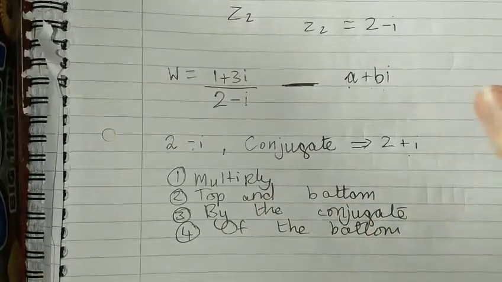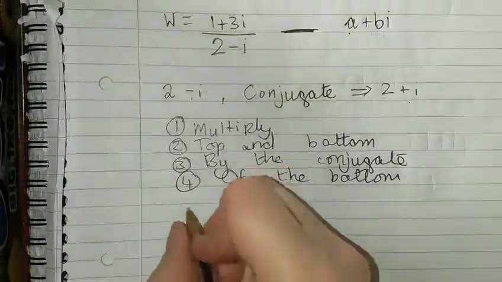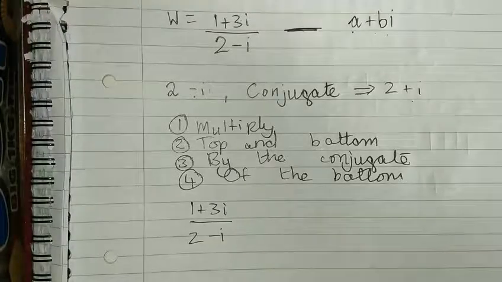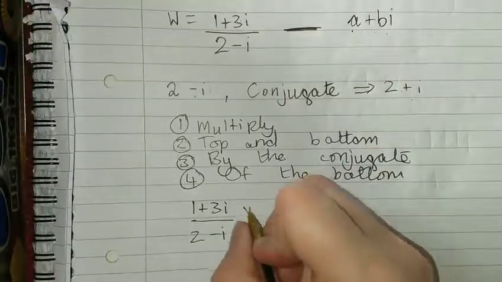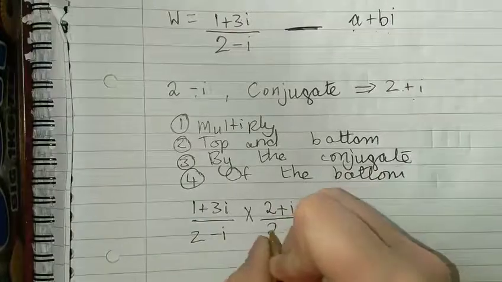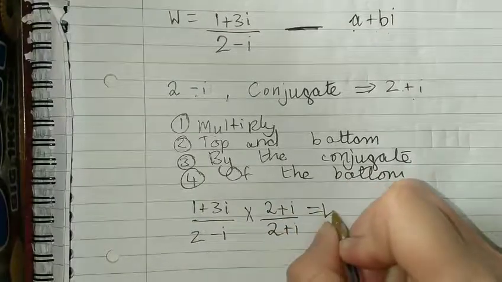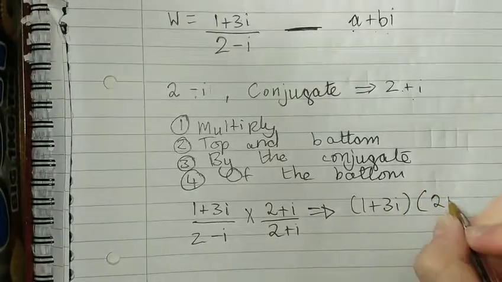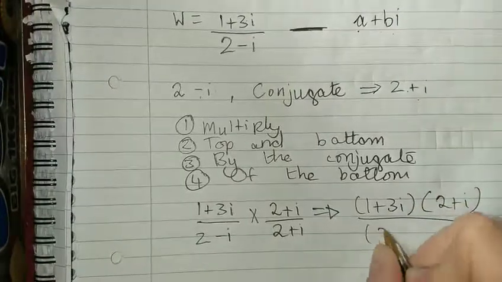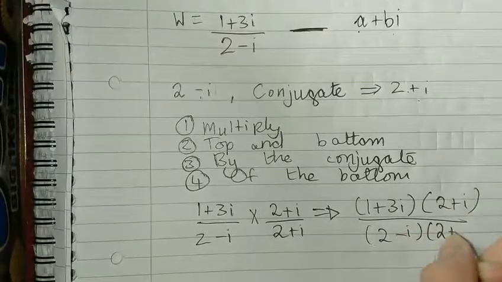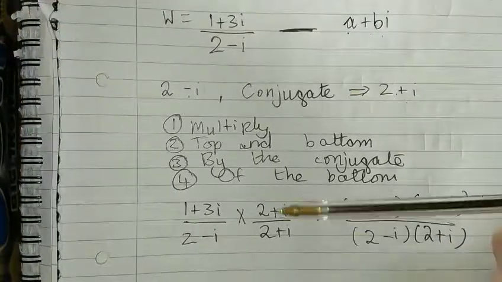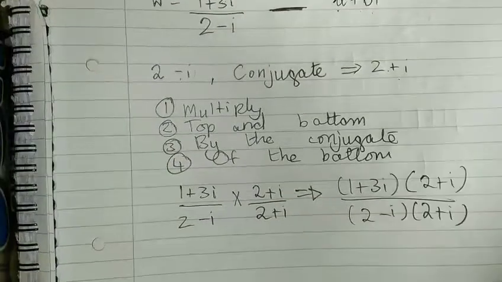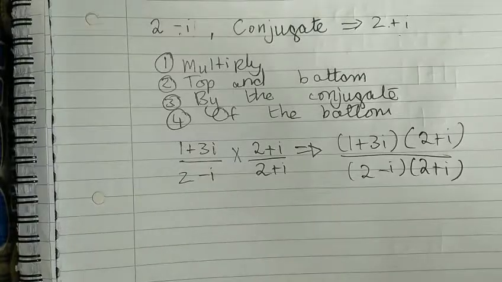My fraction is 1 plus 3i over 2 minus i. I already got that the conjugate of that is 2 plus i. So I have to multiply top and bottom by 2 plus i. So that's going to be 1 plus 3i by 2 plus i, and then 2 minus i by 2 plus i. And if I multiply something by the exact same thing on the top over that thing on the bottom, I'm really only multiplying by 1, so it does not change it.